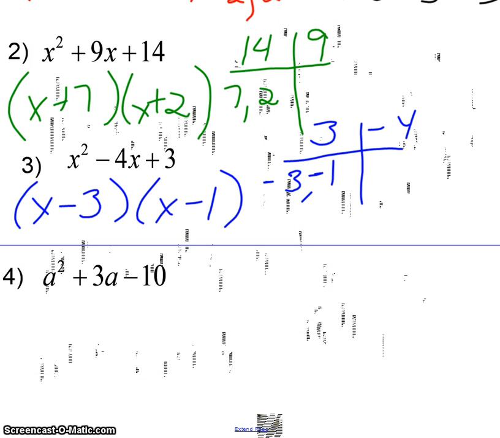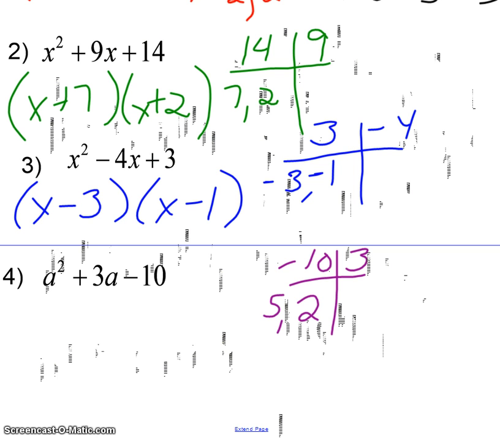All right, problem number 4. I need factors of negative 10 whose sum is 3. So I'm going to try 5 and 2. Now, since this is a negative, that means that one of the signs of the two numbers has to be negative, because when you multiply numbers with different signs, it gives you a negative answer.